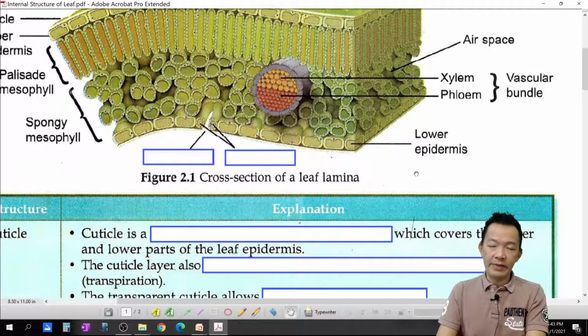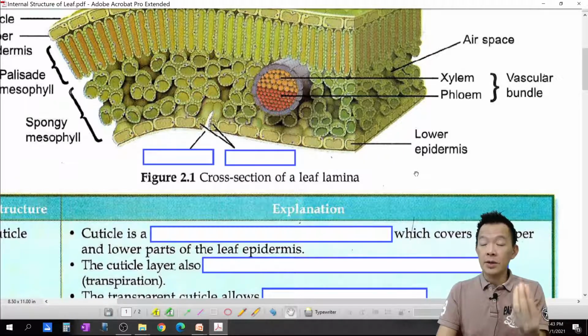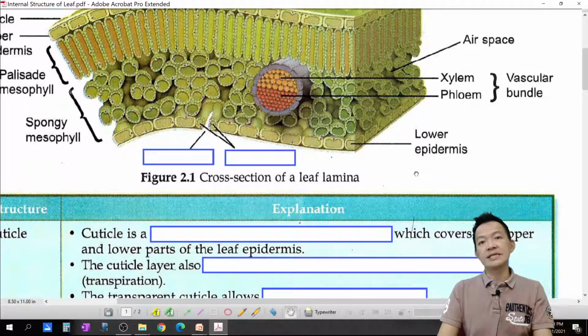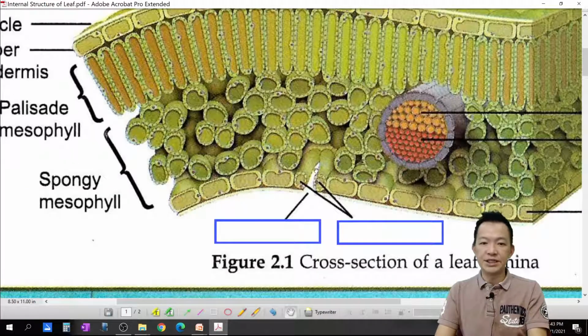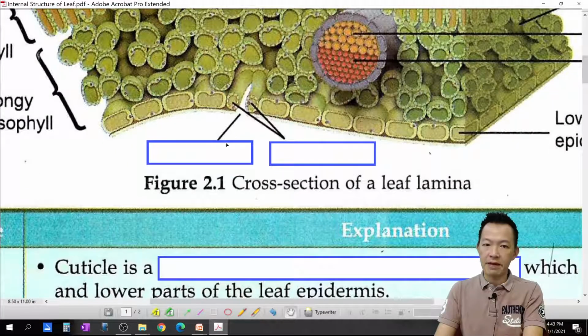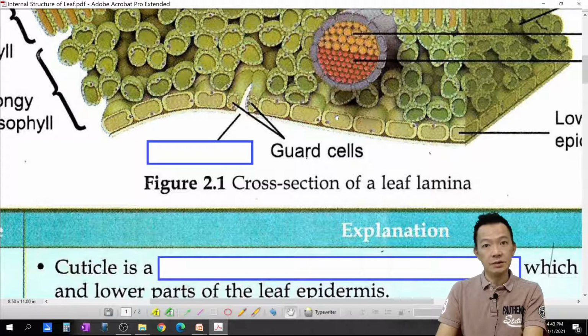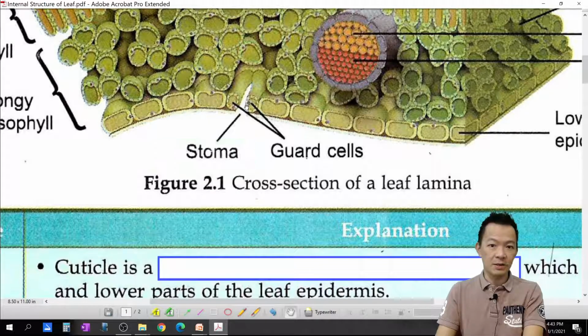For the lower epidermis, some of the epidermal cells go through the process called cell differentiation. They change shape, and finally some of them become the guard cells, which control the size of the stoma. Stoma is not a cell, it is a pore.